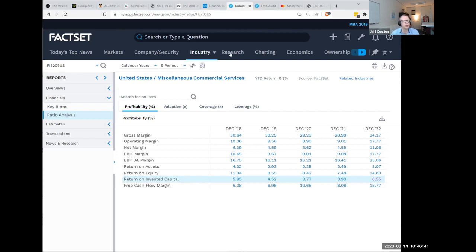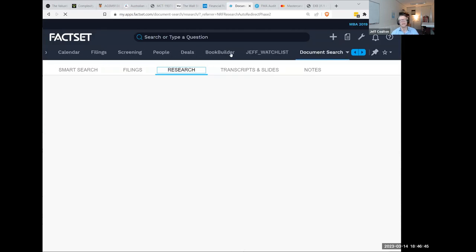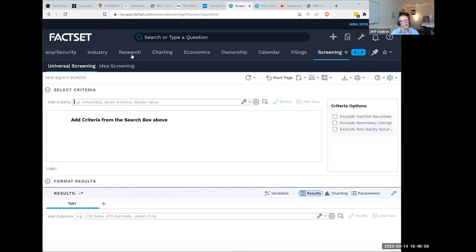And one way, if you wanted to do that, is in the research tab up the top, where you can set up screening, and you can start setting up your own screens based on particular companies or particular industry characteristics, and then select what sort of metrics you want here.